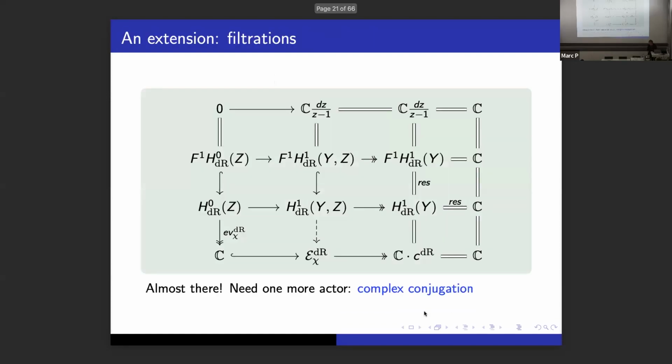In the case that we were looking at, this takes a particularly simple form. The filtration turns out to be the entire cohomology in the case of Y. It's a one-dimensional space in the case of the relative cohomology, still generated by dz over z minus 1. The point is that when we're looking at differentials here, we're looking at differentials that vanish along Z, but since Z is zero dimensional, the restriction of this differential is zero.